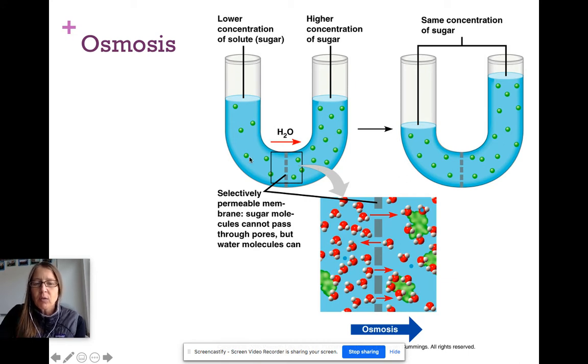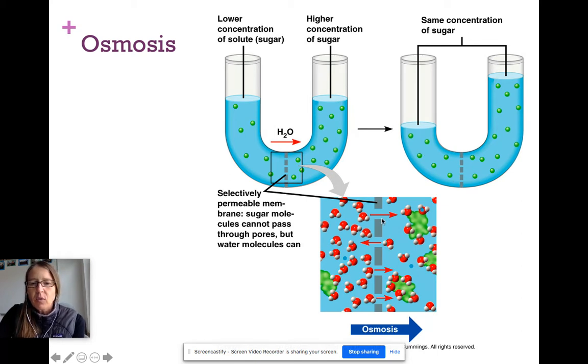If you remember, solute is what is dissolved into the water, and the solvent in this case is water. The water can move back and forth, but these solute particles, whether it's salt or sugar, are in a higher concentration here versus here. Since the sugar molecules can't pass through the membrane, the water molecules will move to try to even out those concentrations. In the end, the water molecules moved, and now it looks more evenly concentrated, so that sugar solute is about the same concentration on both sides.